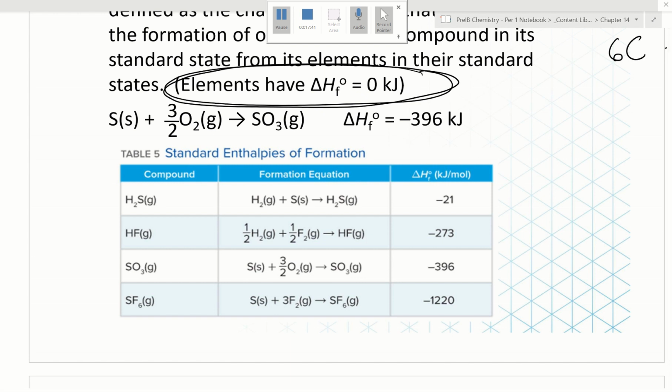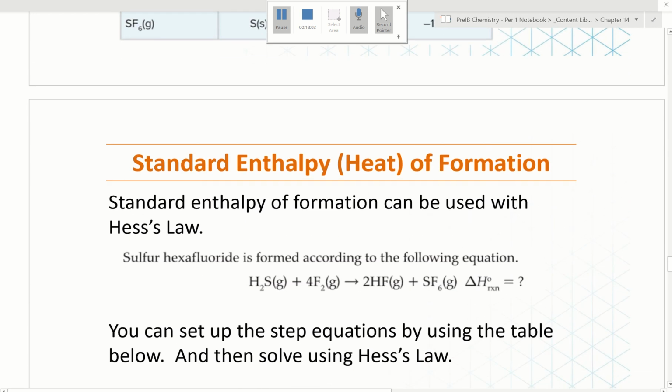Well, an element would just form from its own element, so it's a 0 total change in energy, because however much energy it took is the same amount of energy it released when it formed, because it didn't actually form anything. It just stayed the same because oxygen now is oxygen later. So the enthalpy of formation of an element is 0.